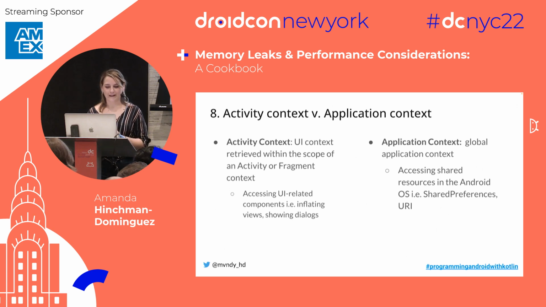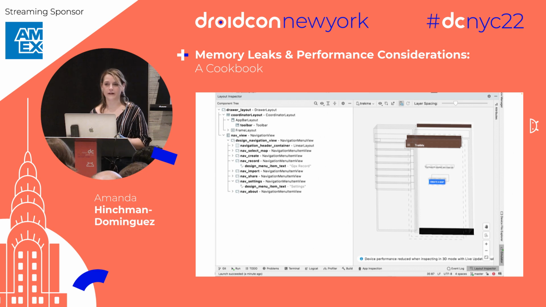You want to use it for accessing UI-related components, inflating views, and showing dialogues. Application context refers to the global application context and is best used for accessing shared resources in the Android OS, shared preferences, URIs, and so on and so forth.